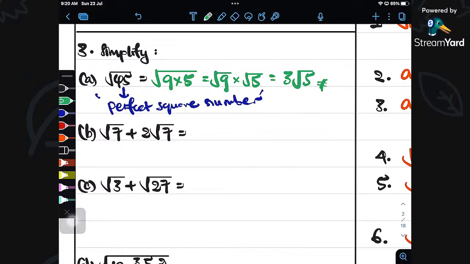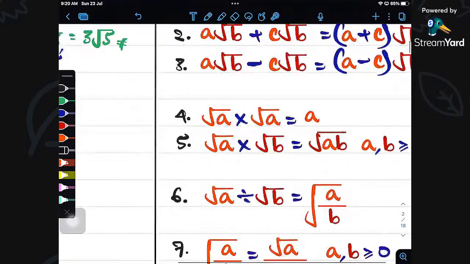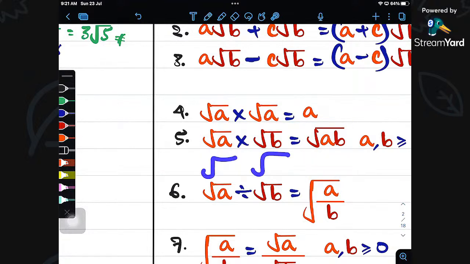So that's the answer. What I'm doing here is actually from a formula of this one. Ini yang saya tengah cuba pakai. Di mana saya pecahkan, di mana di sini adalah square root 45 just now. And saya boleh pecahkan dia menjadi 2 square root yang berbeza, iaitu 9 darab 5 akan memberi kita 45.